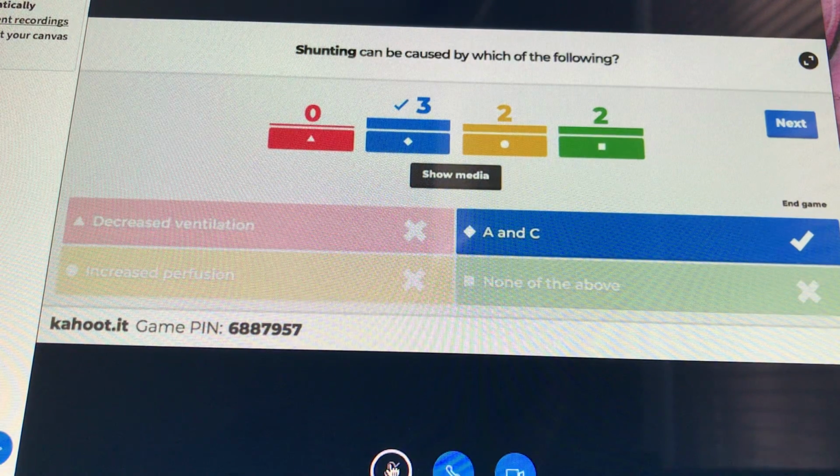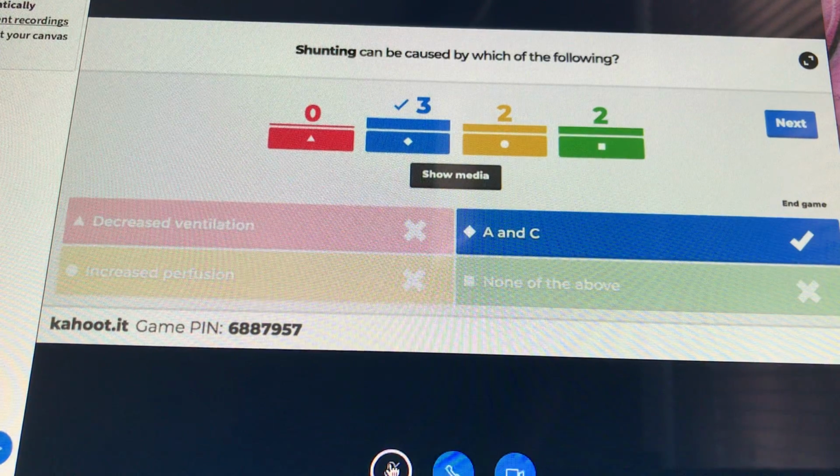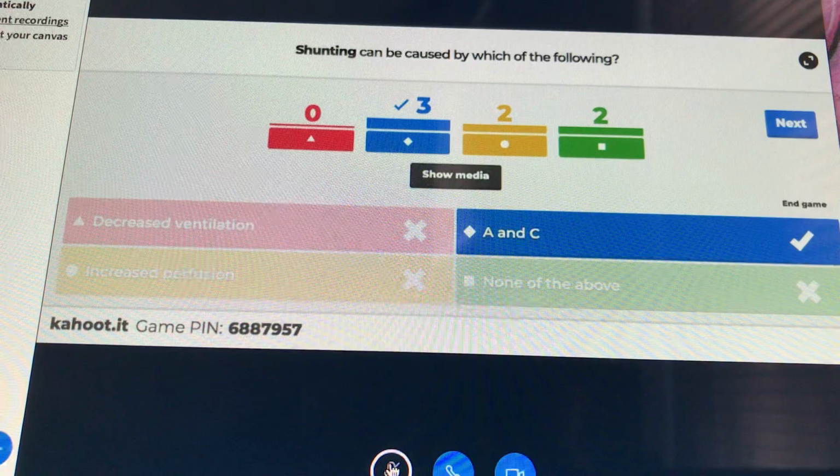And so what's the definition of shunting? Decreased ventilation with increased perfusion. Okay, that's what those two say, but what's the textbook definition of shunting? Is it ventilation in excess of perfusion, or perfusion in excess of ventilation?